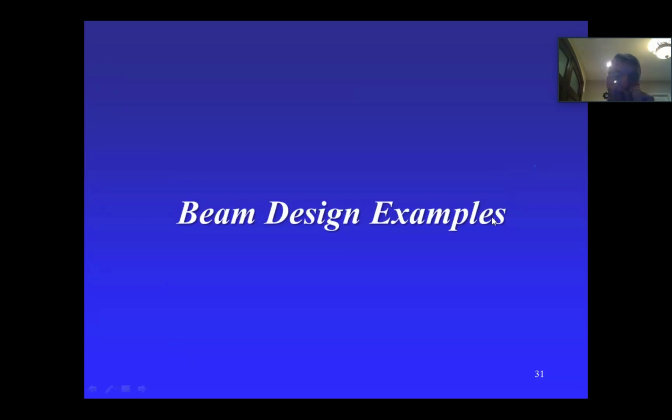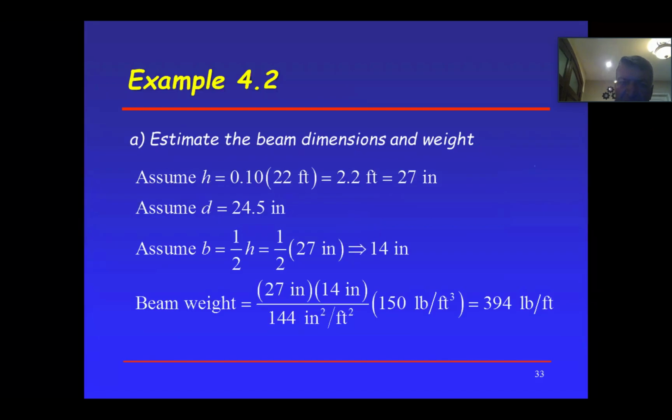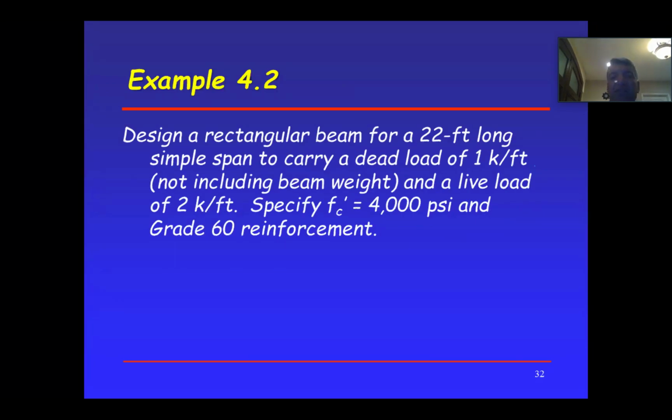So with that, let's do the beam design. There's the first one, example 4.2. It says design a rectangular beam for a 22 foot long simple span. So the span is 22 feet long. That's L. All the examples are going to be simply supported because it takes a lot to do continuous, and that's why I like to do the project.